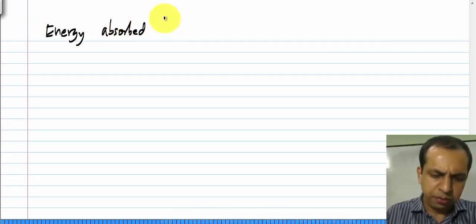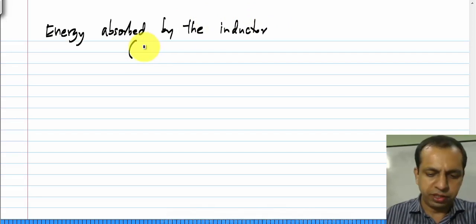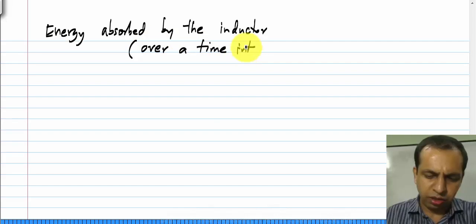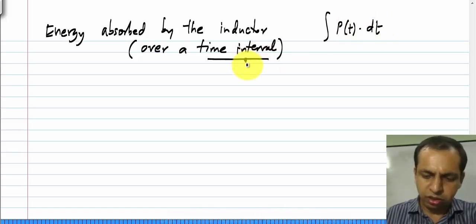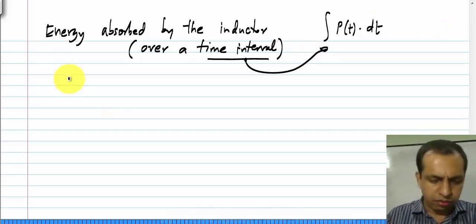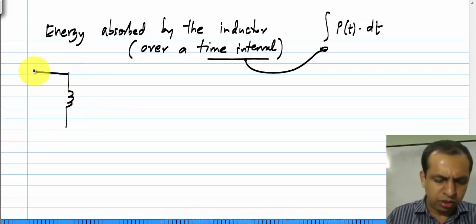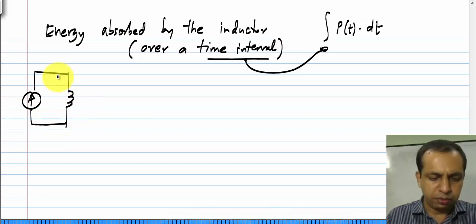If you look at energy absorbed by the inductor, and when we say energy, we have to specify a time interval. We have to integrate the power over that time interval. Okay. The limits of integration should be such that it spans the time interval. Now, let me imagine that the inductor is driven by a current source.